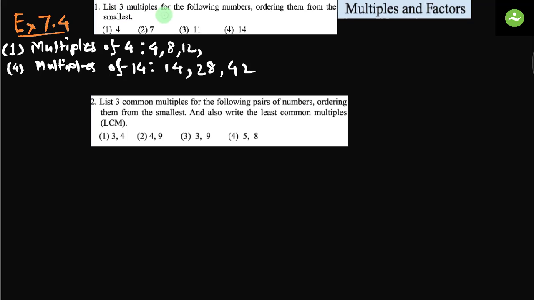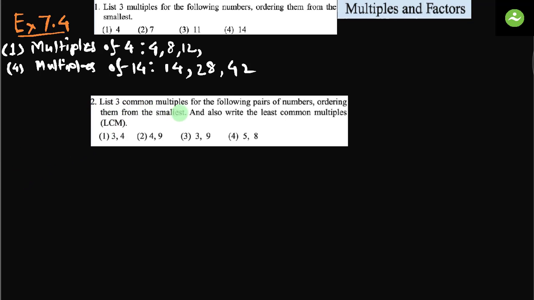We have listed 3 multiples for 14 and written them in order, so that the smallest one is first, then the second smallest, and then the biggest or largest one. Okay, let's do number 2.